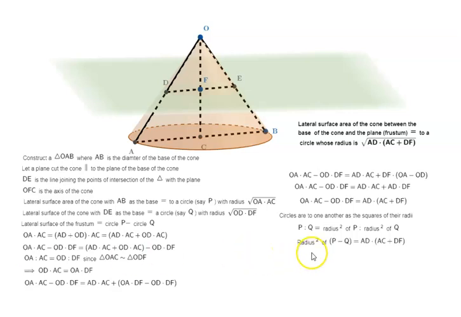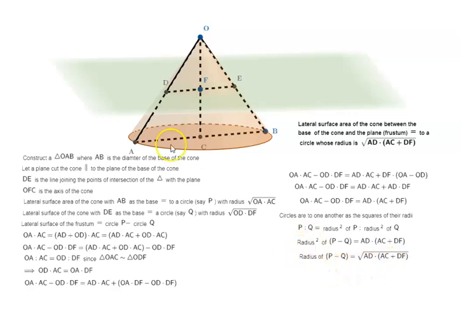So the radius square of P minus Q is equal to AD times AC plus DF. So which means the radius of P minus Q is equal to the square root of AD times AC plus DF. So here radius of P minus Q is what we have got.